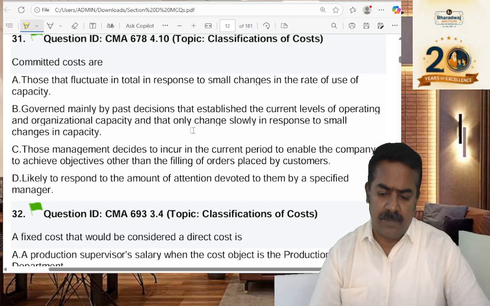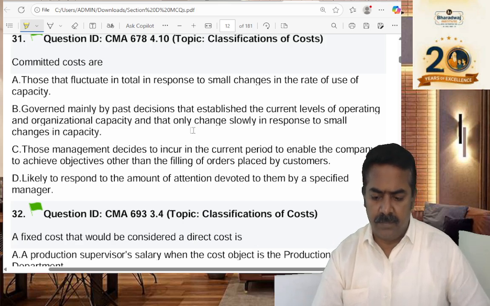Committed cost. Infrastructure. It will not fluctuate. No, it will not change. It will not respond.